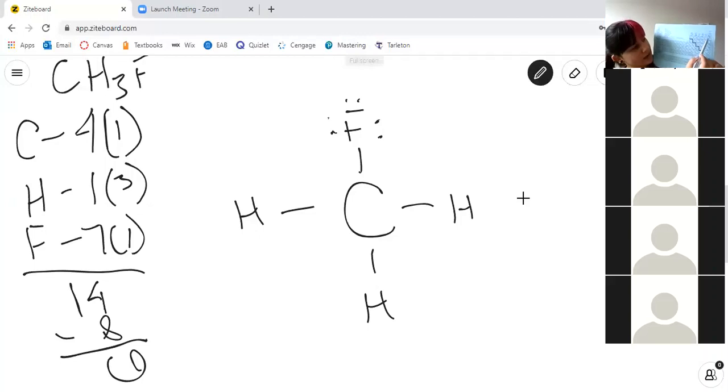So if you look at fluorine relative to carbon, which has the higher electronegativity? Fluorine. And you'll denote it like that. Because carbon is further left on the periodic table than fluorine, fluorine has the higher electronegativity, meaning there's a difference there and there's a pull.